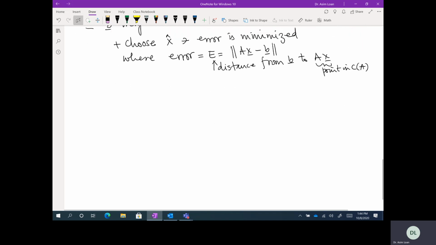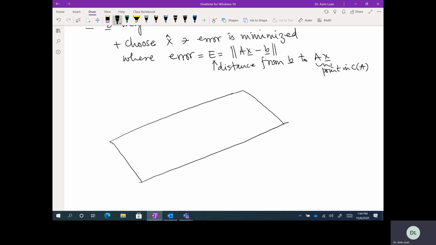So let me draw a picture. I have a vector over here, this is A1. I have a vector over here, this is A2. And I have a vector B here.